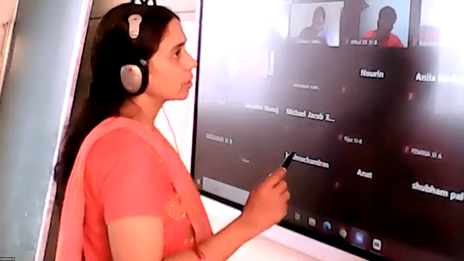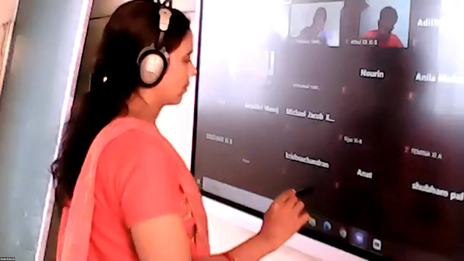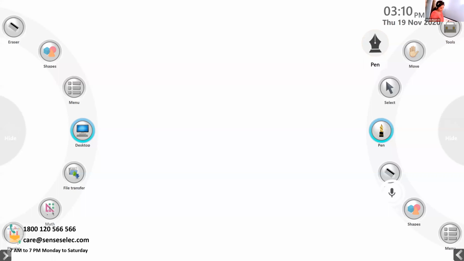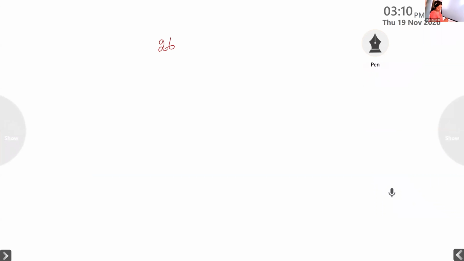Write the question. Find the equation of the ellipse if the length of the major axis is 26 and the foci are plus or minus 5, 0.